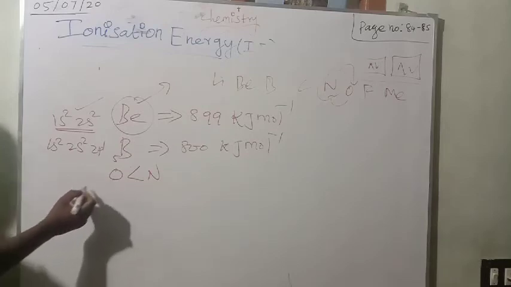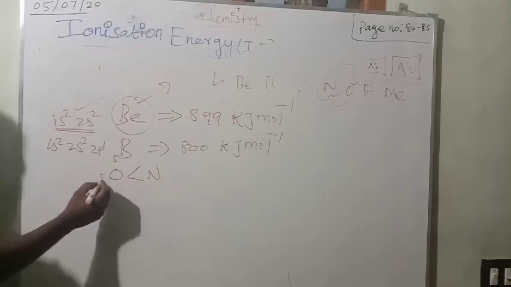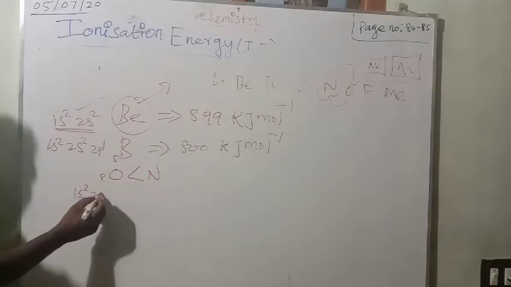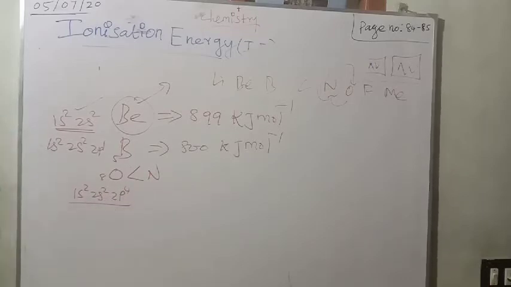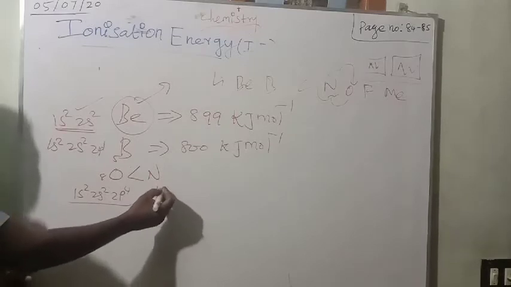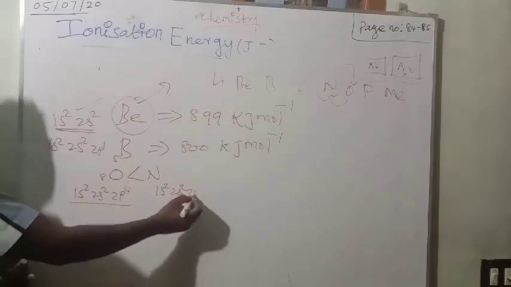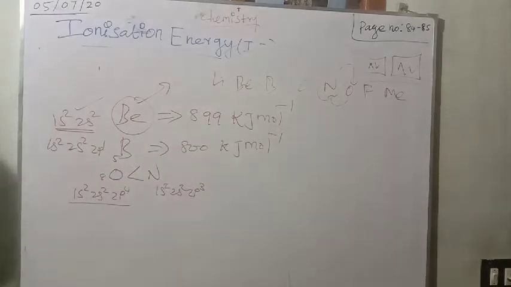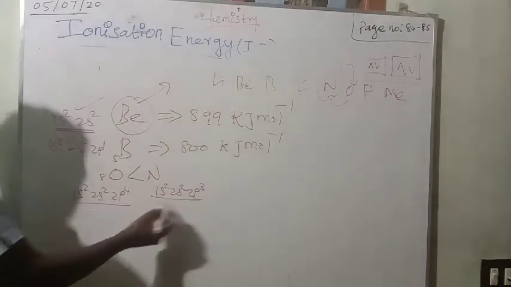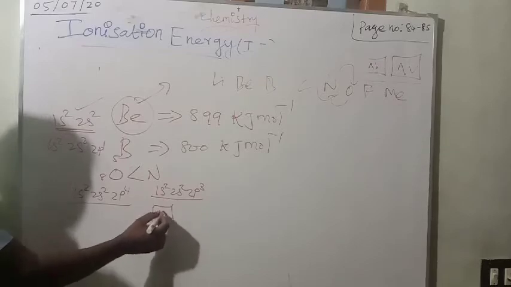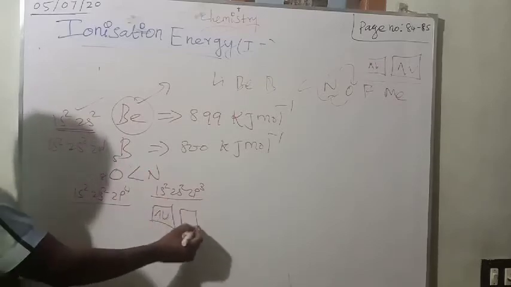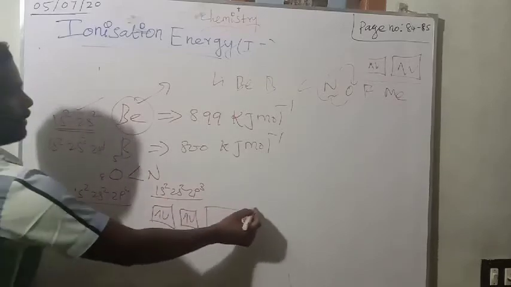What's the atomic number of oxygen? 8. 8 means 1s2, 2s2, 2p4. What about nitrogen? 1s2, 2s2, 2p3. Right? If you draw the orbital diagram, 2s2 has 2 electrons.